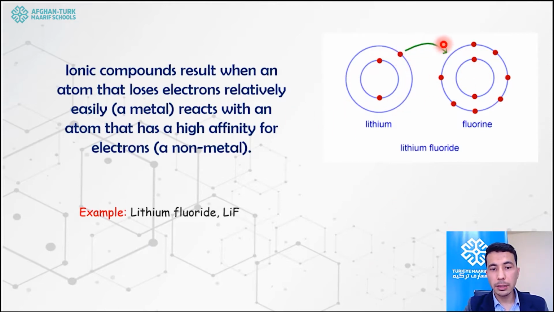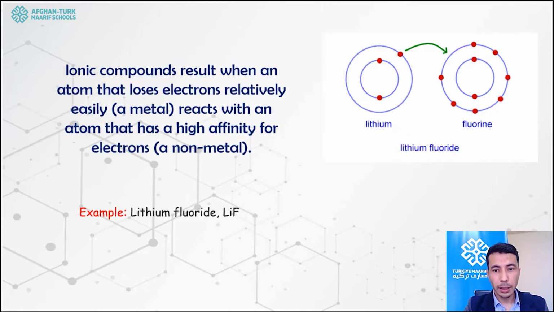Lithium loses this electron to fluorine, so they form lithium fluoride. Lithium, when it loses its electron, will get a positive charge, and fluorine, when it gains an electron, will become a negatively charged ion. Lithium will become a cation and fluorine will become an anion. They form a lithium fluoride molecule, or we can say that they form a lithium fluoride crystal or lattice.